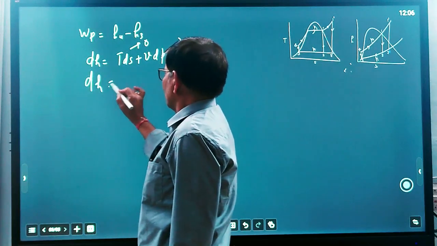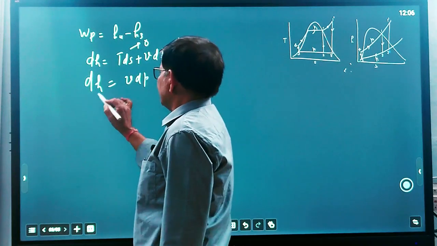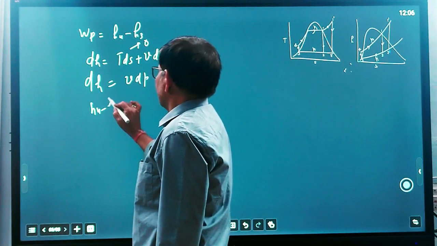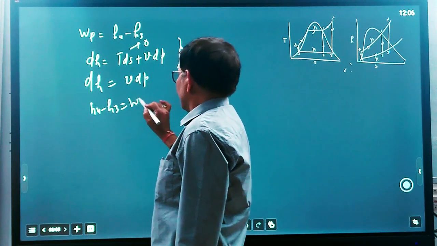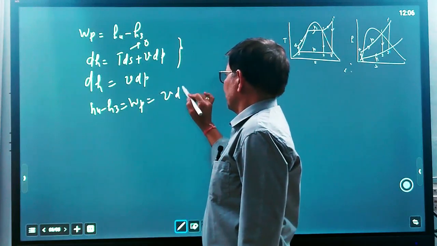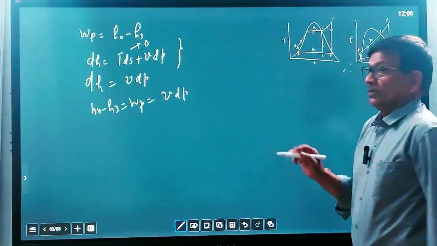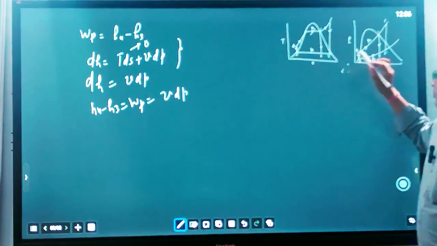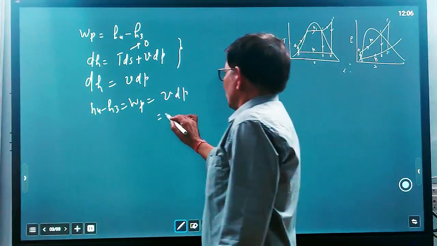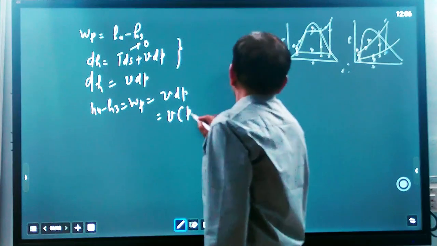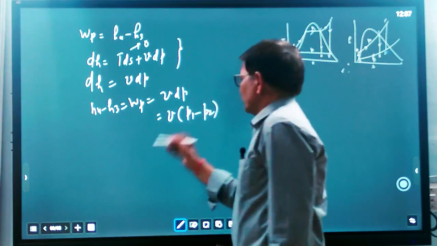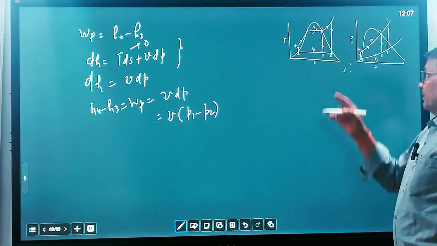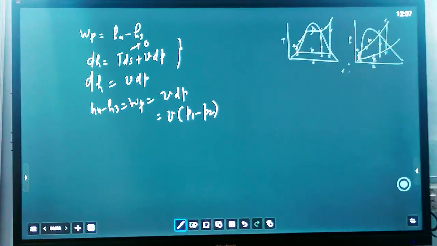So dh equal to vdp, and dh means H4 minus H3, that is the pump work WP equal to vdp, where v is the specific volume of the water at this point, and the pressure difference is P1 minus P2. This work is actually with a negative sign, because work is supplied from outside.